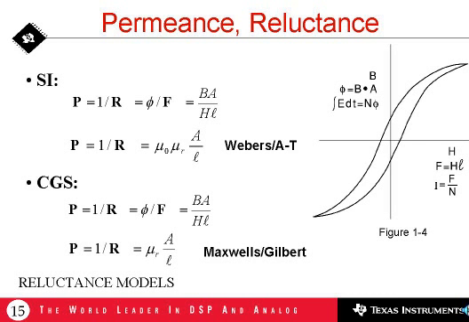We can have a magnetic circuit which is comprised of reluctances that are in series and in parallel. And we can calculate the flux through certain paths using basically Ohm's law and Kirchhoff's law applied to this magnetic circuit. It's not the same thing as an electrical circuit.